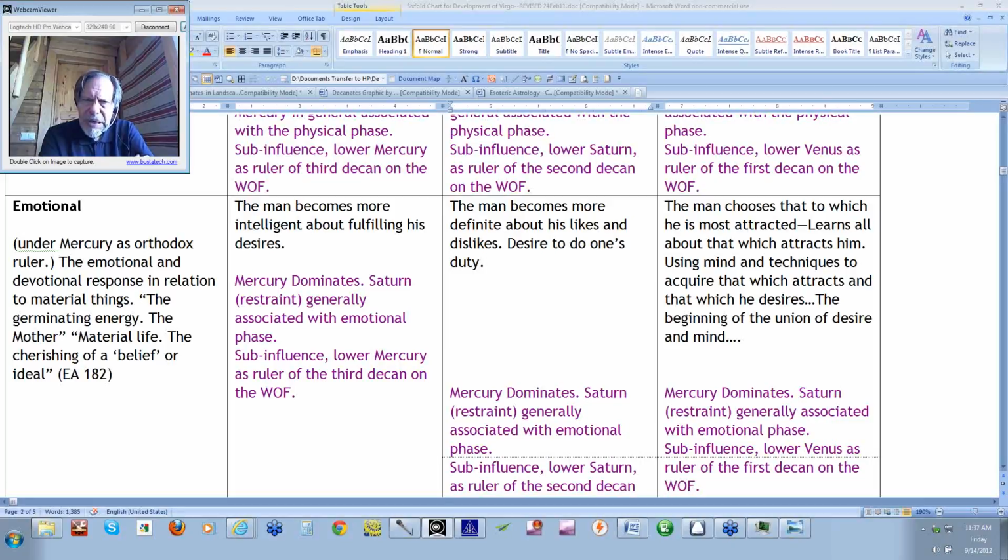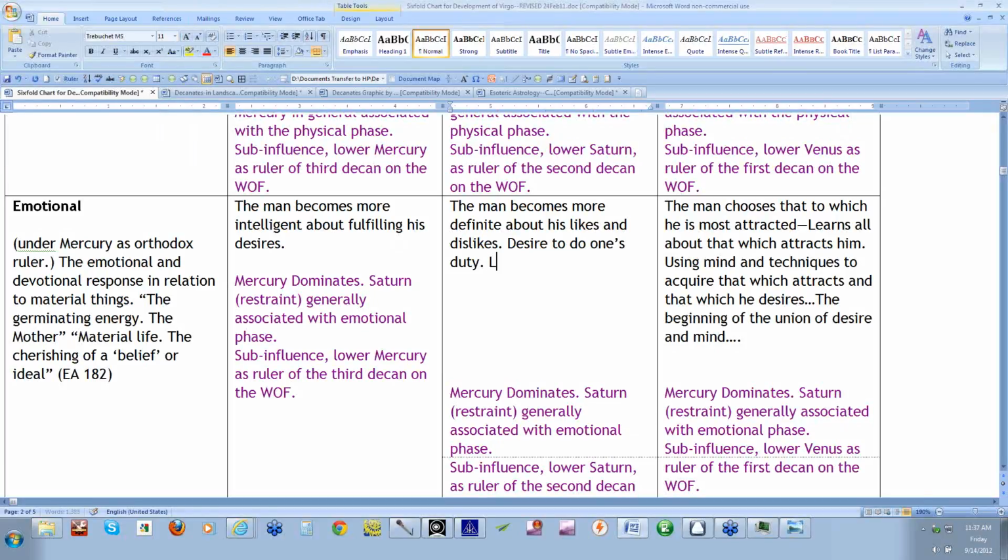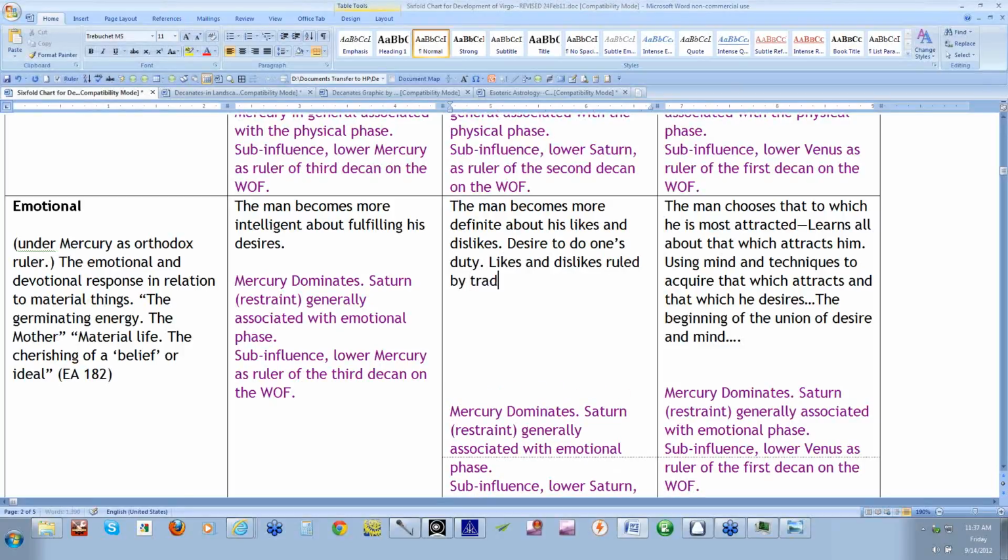So there is perhaps some disciplining of the emotional nature. Virgo is actually a very good sign in which to discipline the emotional nature, but we're not quite at that point yet. It's still the Atlantean stage, and perhaps there are even what you might call likes and dislikes ruled by tradition, which Saturn accounts for.